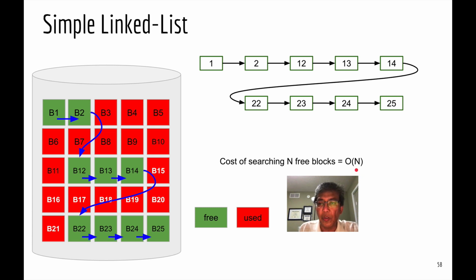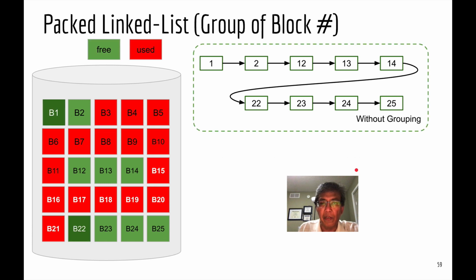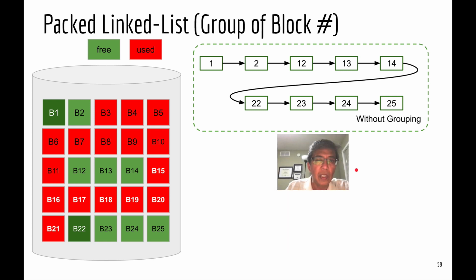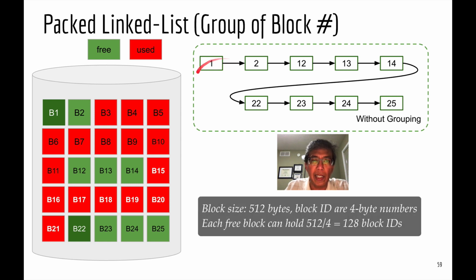So how do we improve the performance? If we can make the list shorter, it will improve the performance. So the next idea is we can pack block numbers into one block, because we know that each free block is not used. Let's say one block is 512 bytes, and the block pointer is a 4-byte value.